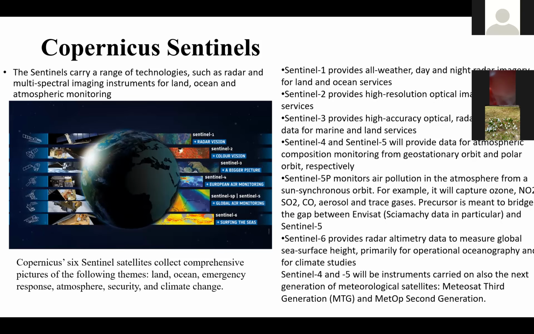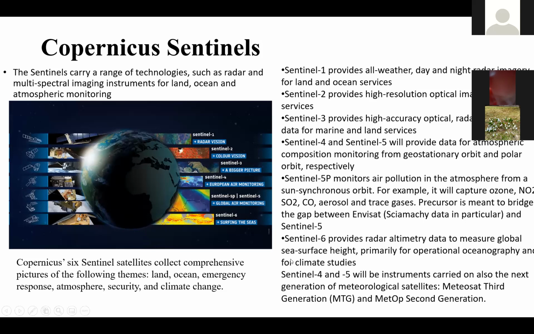The Copernicus Sentinels are the current main European satellites, flying and still planned. Sentinel-1 provides all-weather, day and night radar images. Sentinel-2 is used for land services. Sentinel-3 is the optical, radar and altimetry instrument.